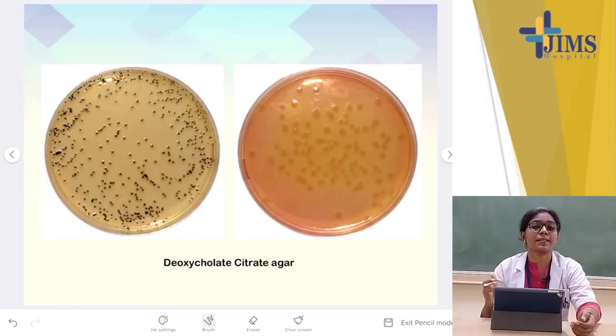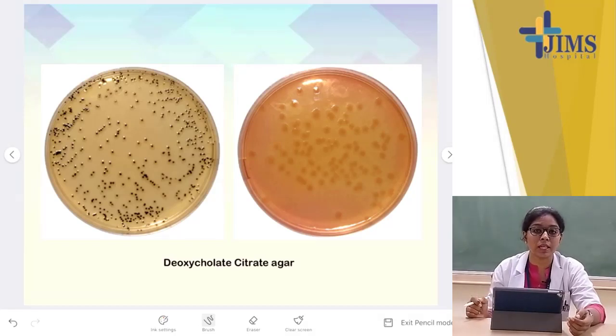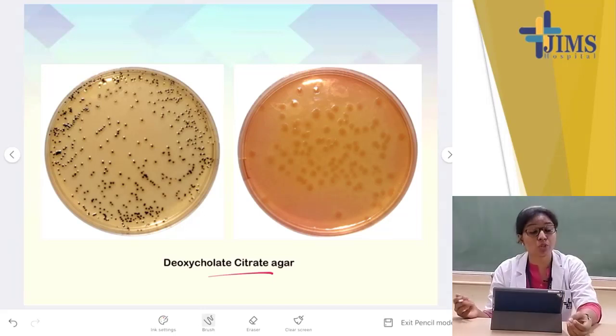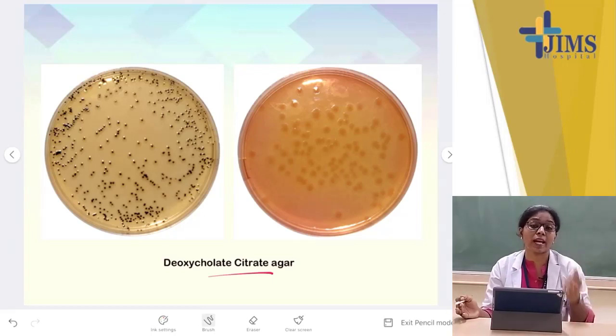Next is the highly selective media, the first one being DCA, which stands for deoxycholate citrate agar. This is also a differential media which will help you identify the organisms which are able to ferment the carbohydrate and the ones which are not. Again, lactose is the source of carbohydrate here.